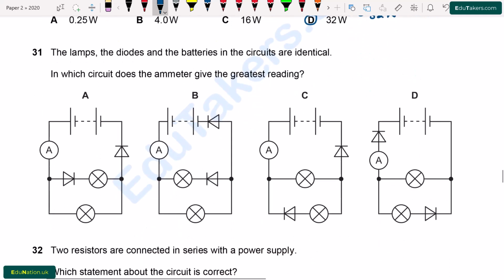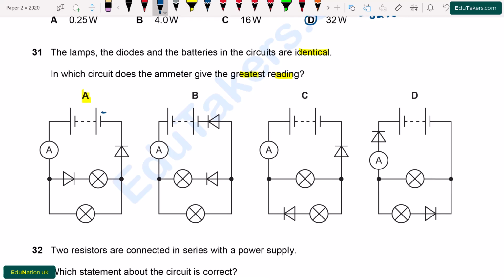Question number 31. The lamps, the diodes and the batteries in the circuits are identical. In which circuit does the ammeter give the greatest reading? So the greatest reading on the ammeter means that a large amount of current is passing through the circuit, which is only possible when there is forward biasing. So in option A, we see a circuit.